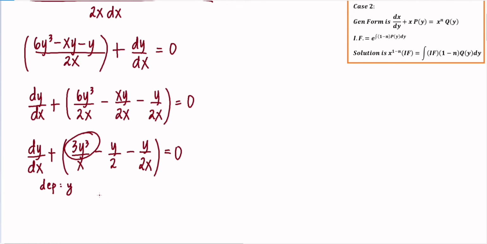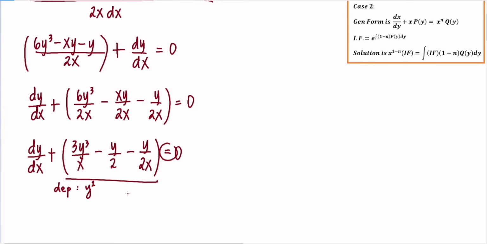Si Bernoulli, guys, ang dependent variable pa rin natin dito ay y. Pero dito, sa Bernoulli's equation, ang naiiwan na katabi ni dy over dx ay yung mga variable na ang exponent ay 1 lang. Ibig sabihin, lahat ng naiiwan dito sa left side ng equal sign ay yung mga may variable na y, na raised to 1.